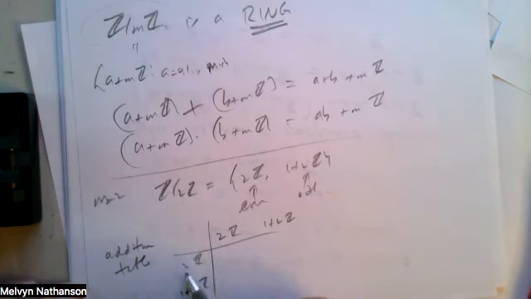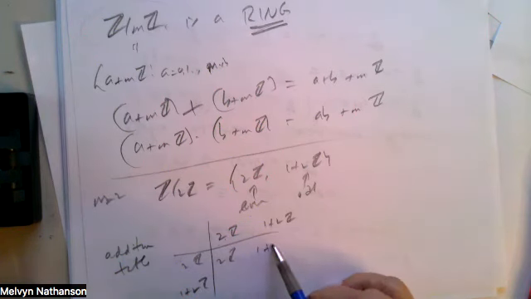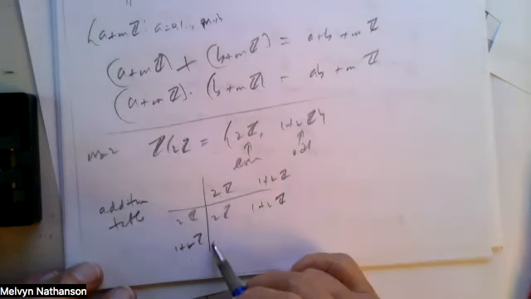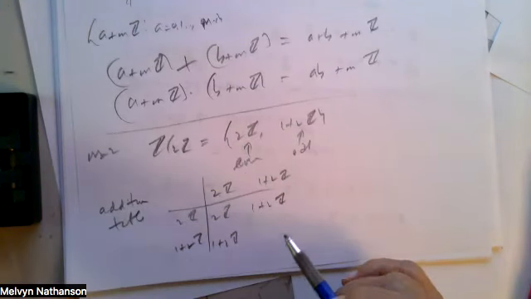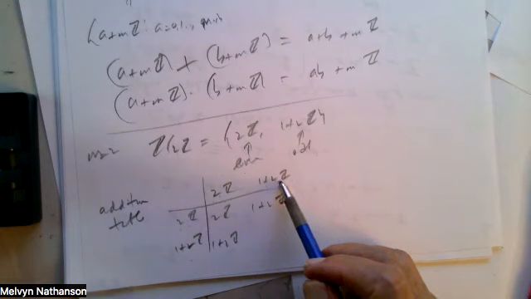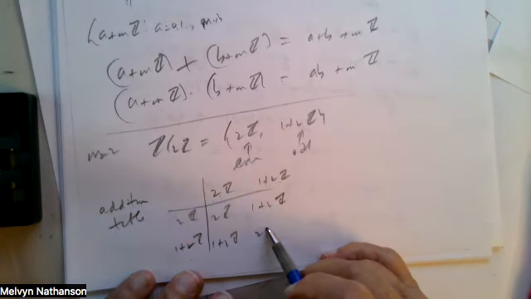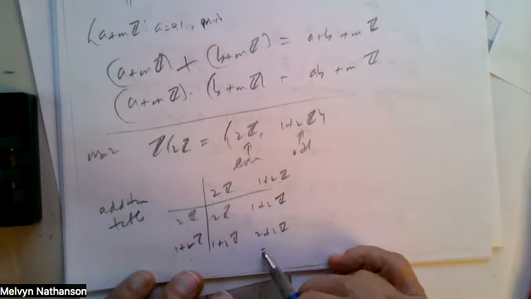This is 0 plus 2Z, 0 plus 0 is 0. You add these two, you get 2Z. 2Z and 1 plus 2Z is 1 plus 2Z. 1 plus 2Z plus 2Z is 1 plus 2Z. And 1 plus 2Z times 1 plus 2Z is 2 plus 2Z, which is the same as 2Z.